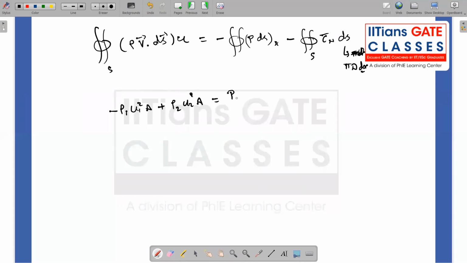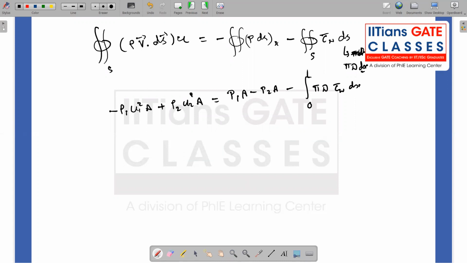So P1 A minus P2 A minus the integral from 0 to L of pi d tau w, times P.